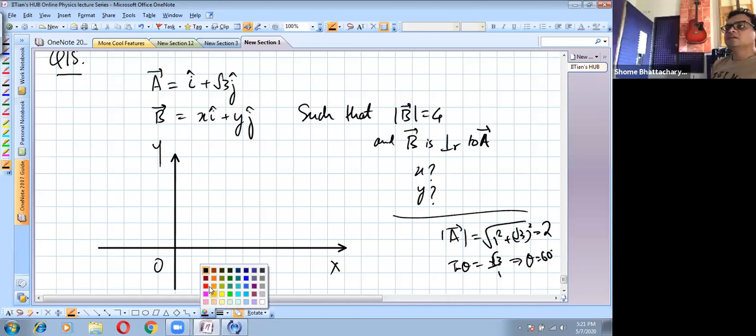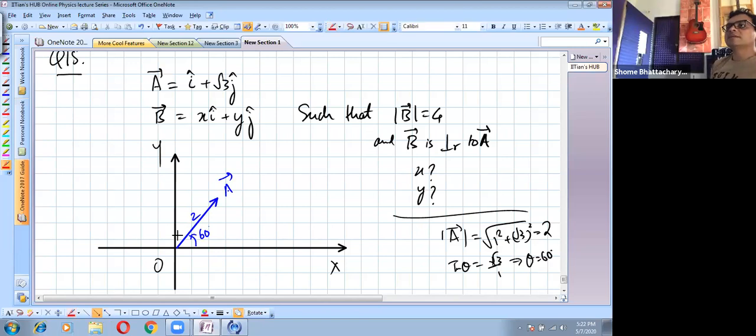So the vector A in my diagram should be looking something like this. It should be a vector of magnitude 2, at an angle of 60 degrees with the x-axis. Magnitude is 2.